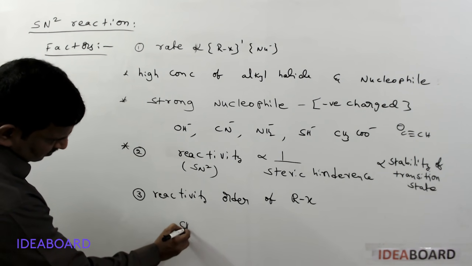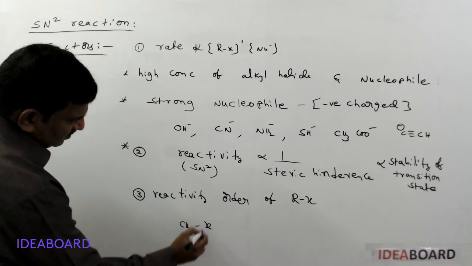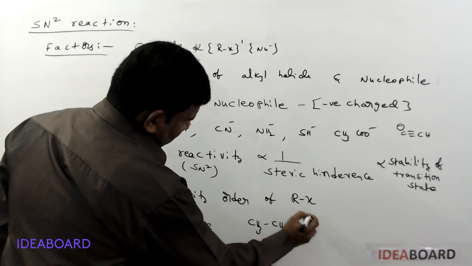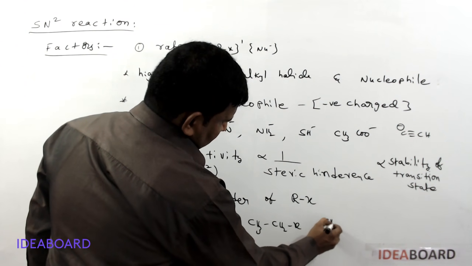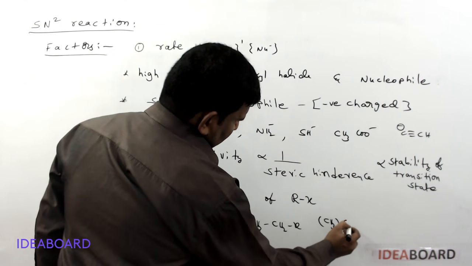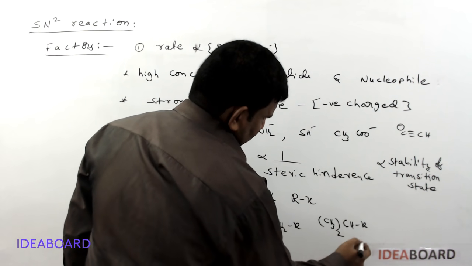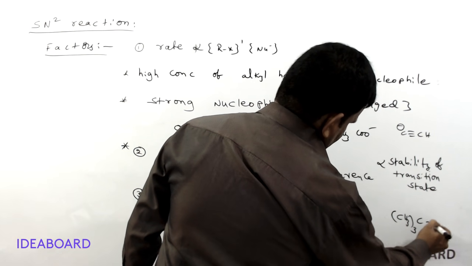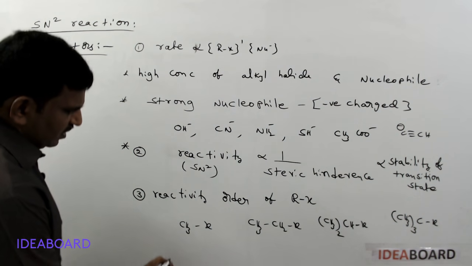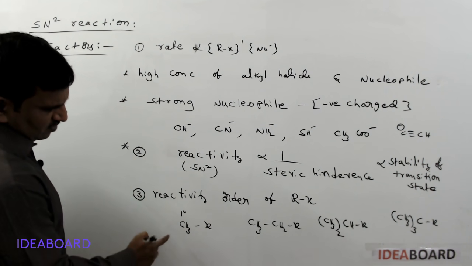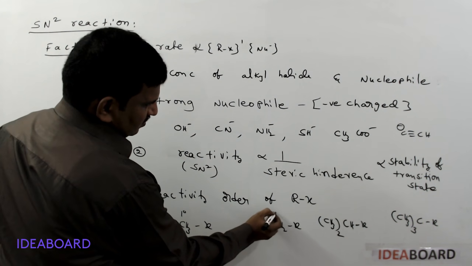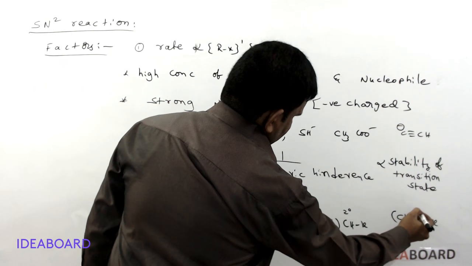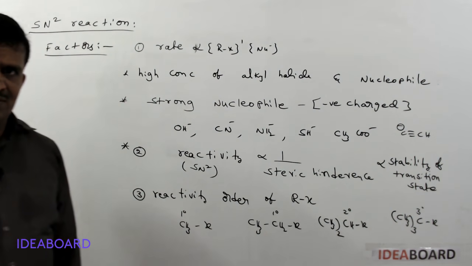Suppose you take CH3X, CH3CH2X, (CH3)2CHX, and (CH3)3CX. The first is a primary alkyl halide, then secondary alkyl halide, and this is a tertiary alkyl halide.